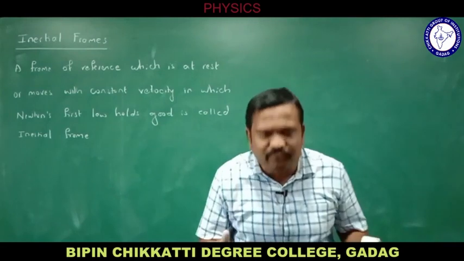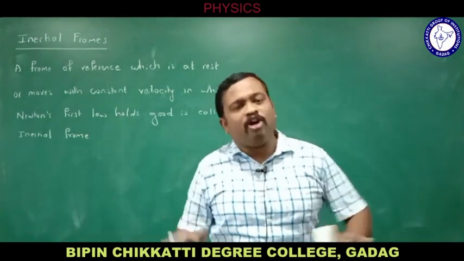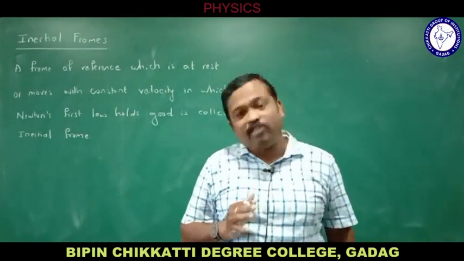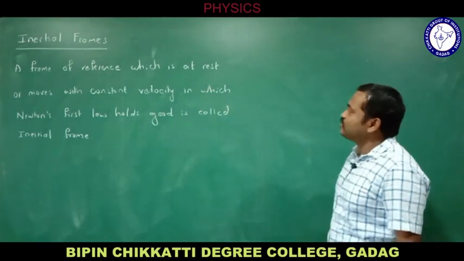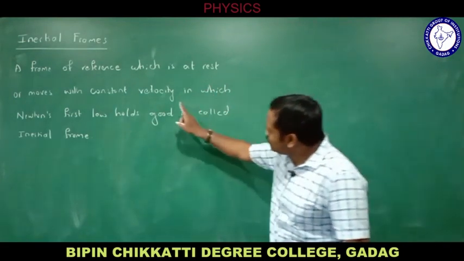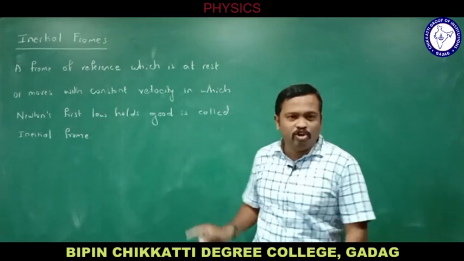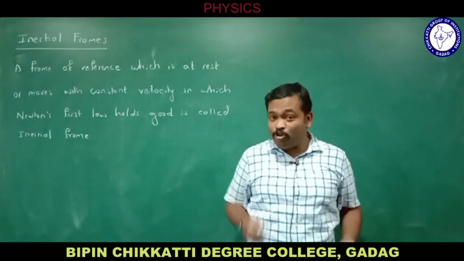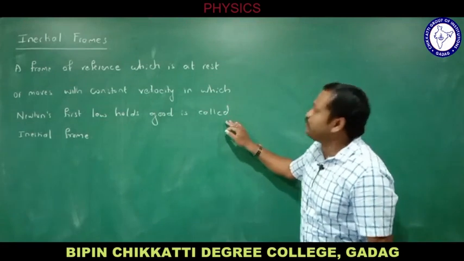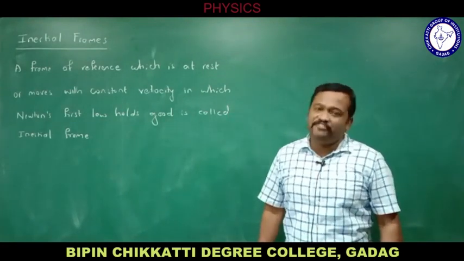It is a frame of reference which is at rest, or it is moving with a constant velocity, right? A frame of reference which is at rest or moves with constant velocity, in which Newton's first law holds good or law of inertia holds good. That kind of frame is called an inertial frame.